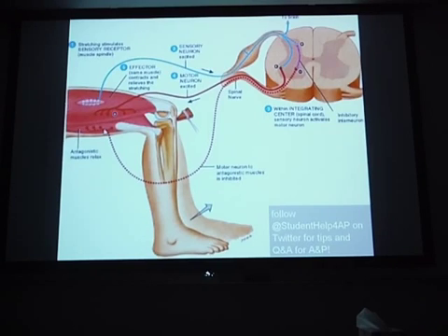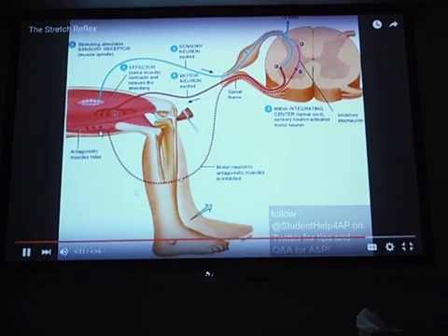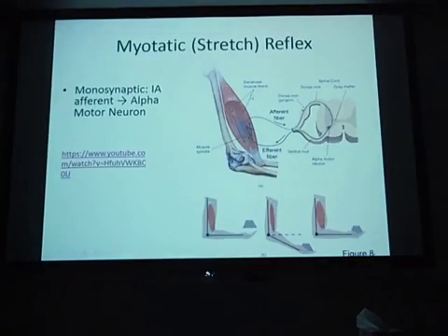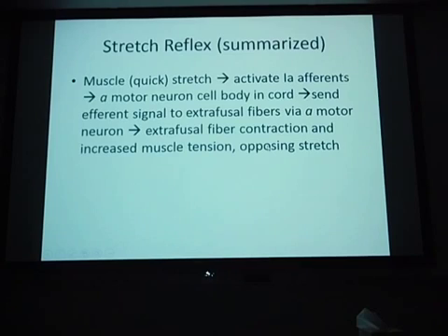Each reflex has a reciprocal innervation. The reciprocal innervation will typically do the opposite of the reflex in the antagonistic muscles, making it easier for the reflex to take place. Okay, and that's what we're going to talk about next, is reciprocal innervation or reciprocal inhibition.